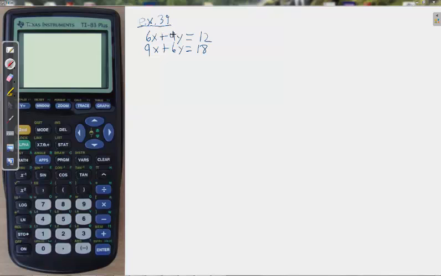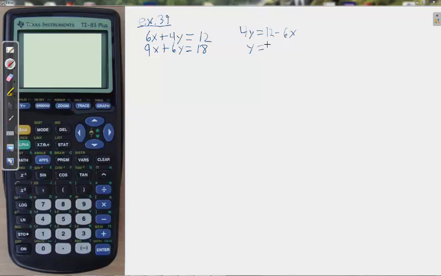Here I have 6x plus 4y equal 12 and 9x plus 6y equal 18. This one, I wouldn't say either one looks especially easy to solve for anything. Just depends. Just pick one. So I haven't really solved for y yet, so I will solve the first one for y. 4y equal 12 minus 6x.